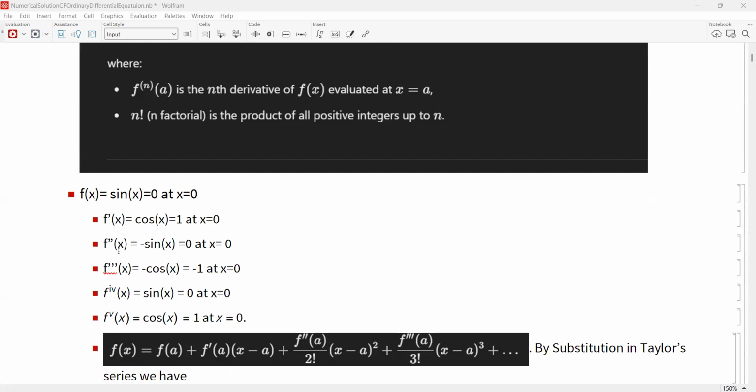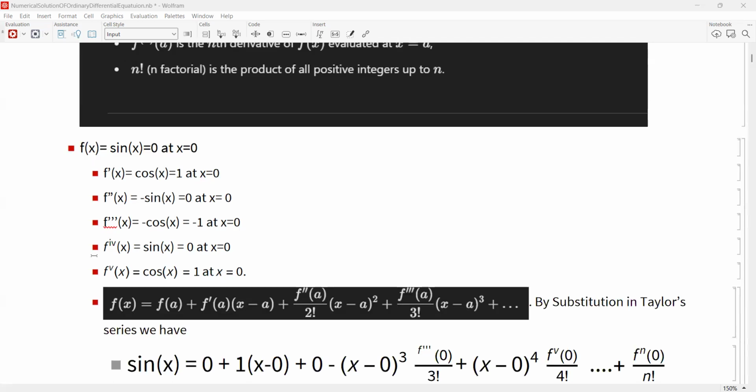Then the fourth derivative is sine of x, equal to 0 at x equal to 0.